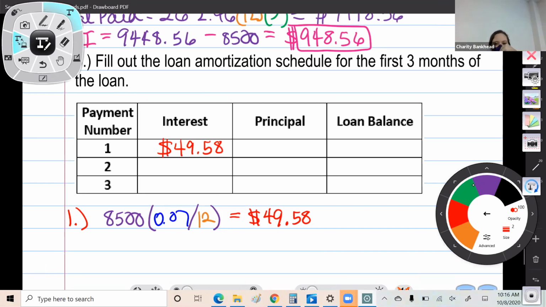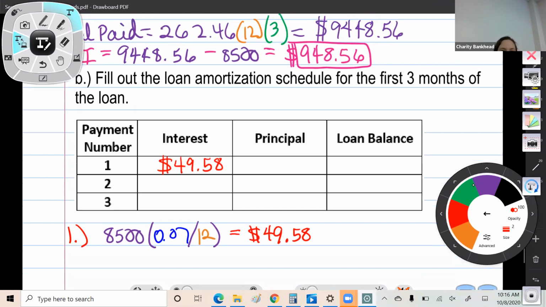All right, so the amount of your payment is $262.46. So the rest of that $262.46 is how much is going towards your principal.